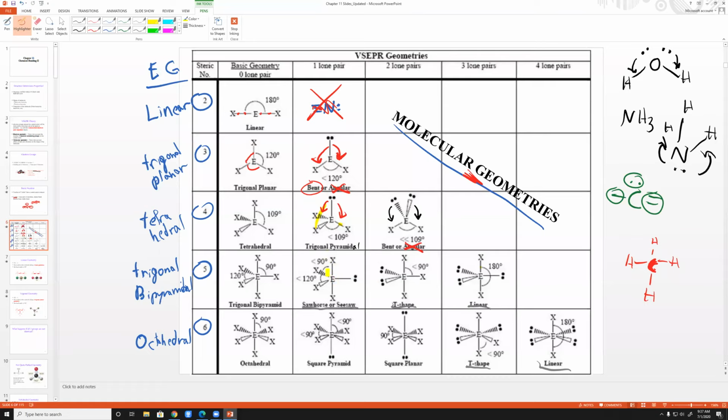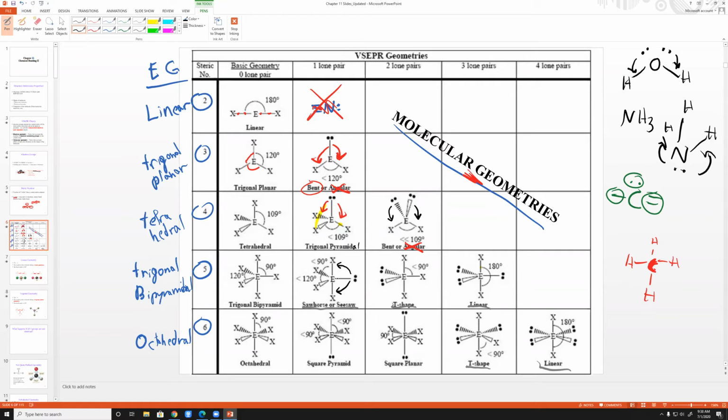It'll kind of rock. It would be a lot easier if I had the molecular models to show you, but you can imagine it would rock. And the reason why is the same thing as before. You have the electron repulsion.